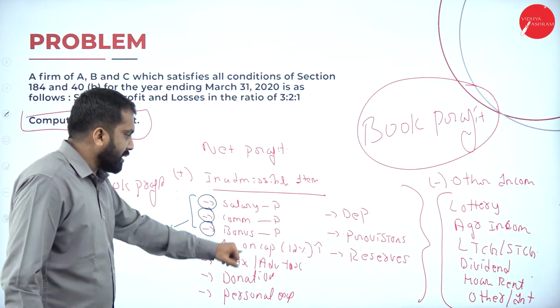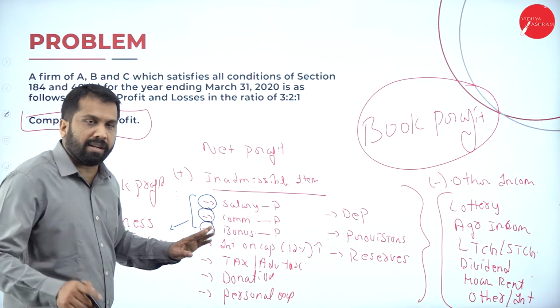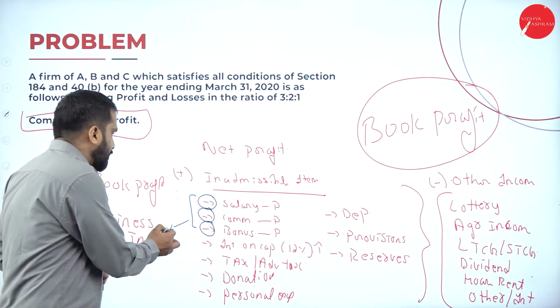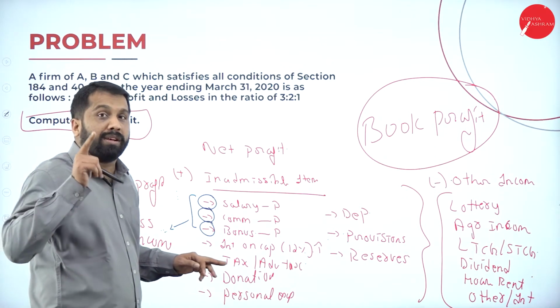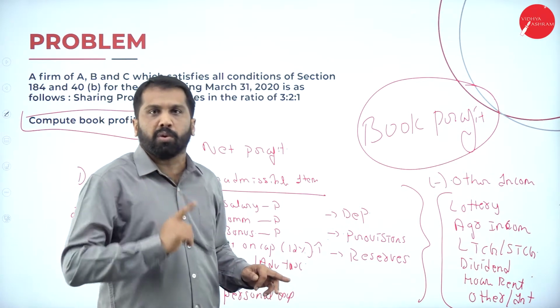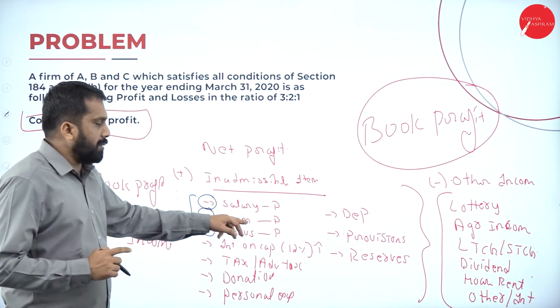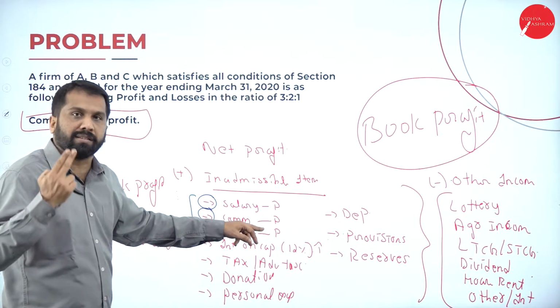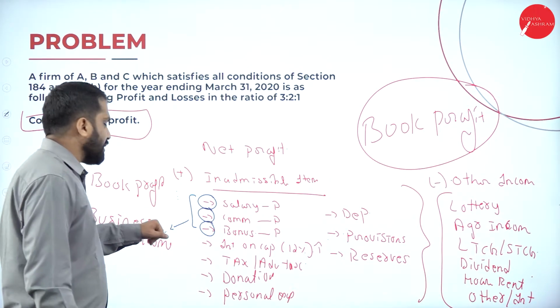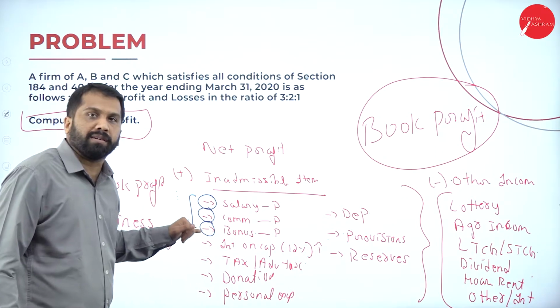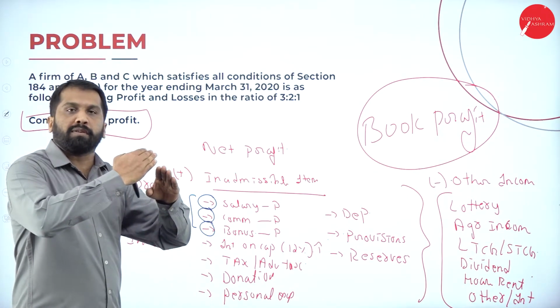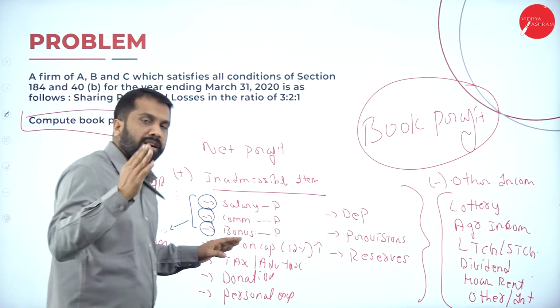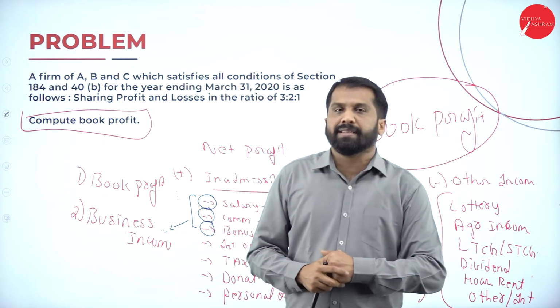But while deducting from book profit, only working partners are allowed. Now, out of three partners, two are working partners. Remember, you have to take information of only two partners. Hope you are clear. Book profit minus your remuneration is your business income.